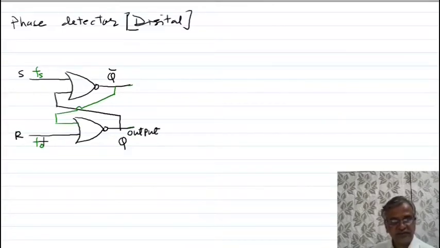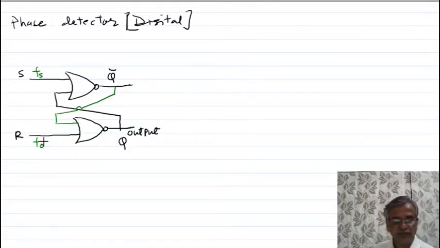This circuit is useful when the incoming frequency Fs and the frequency of the voltage controlled oscillator VCO, that is Fo, are pulse waveforms with duty cycle less than 50%.